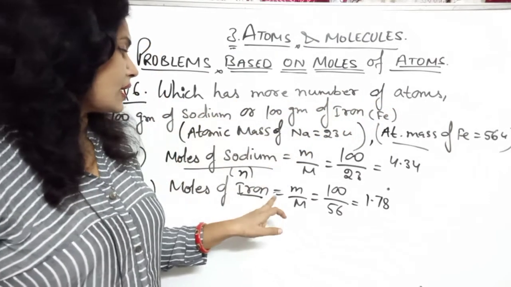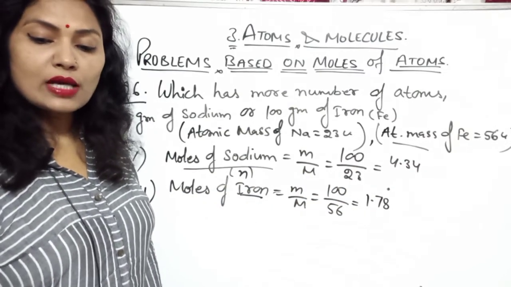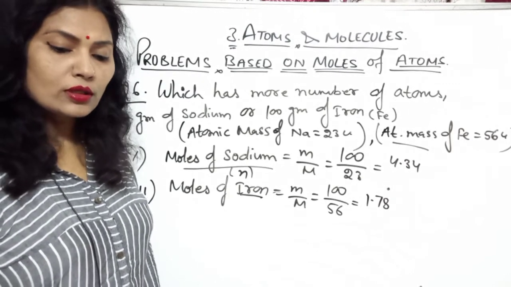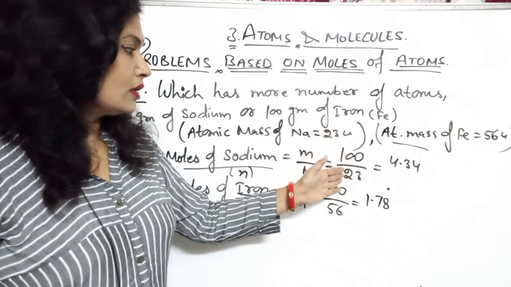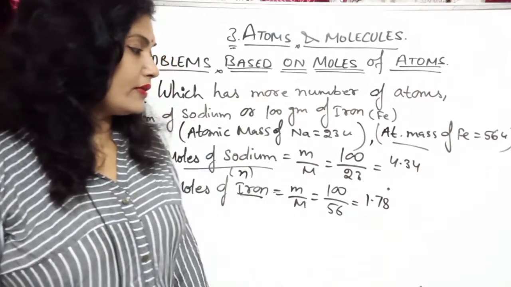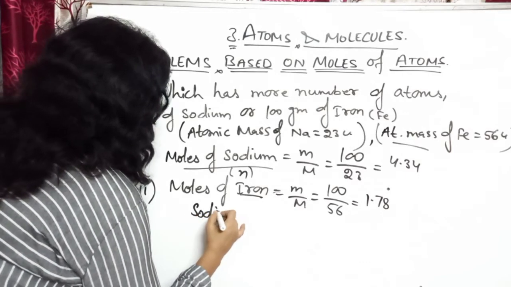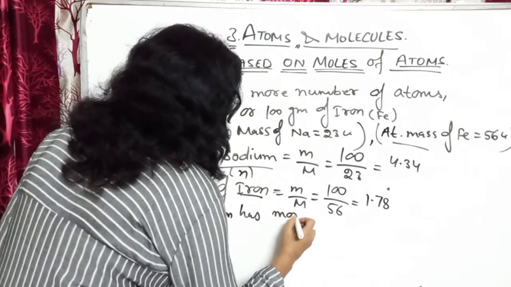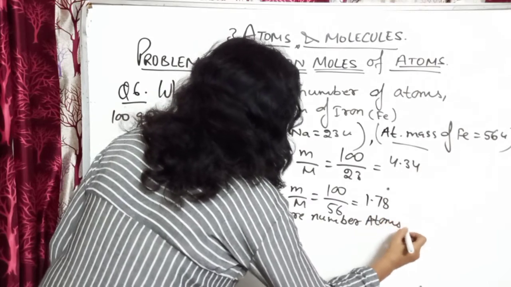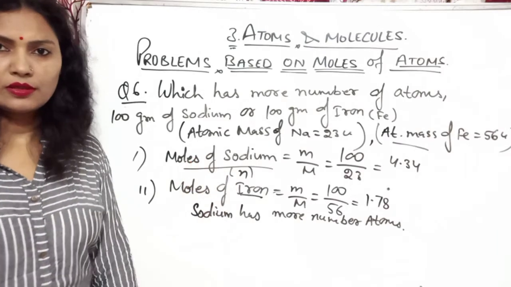So, more atoms are present in sodium. In 100 grams, sodium has 4.34 but iron has 1.78. So, you can write sodium has more number of atoms. Okay. So, like that you can solve these problems.